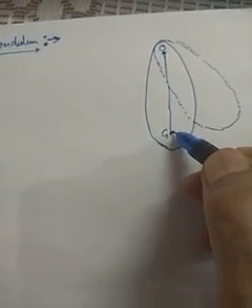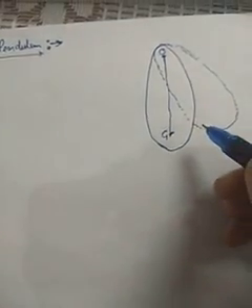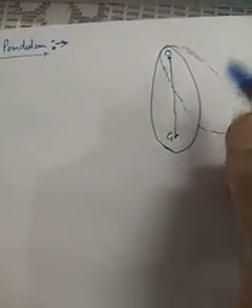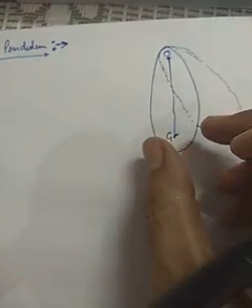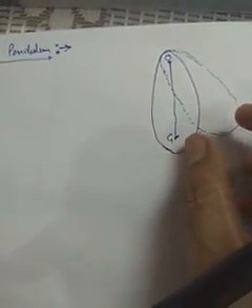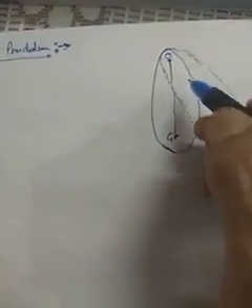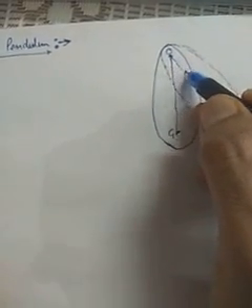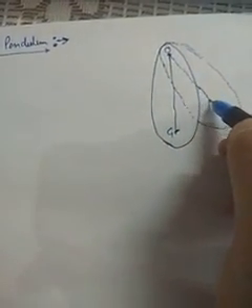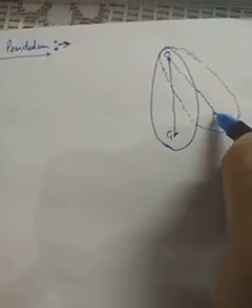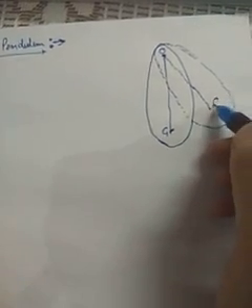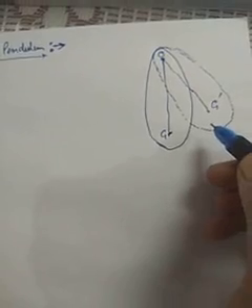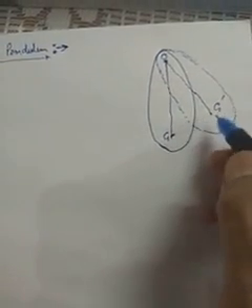Let it be somewhere here, and let this rigid body or compound pendulum be displaced through a very small angle theta, such that the new G is represented by G prime here, right?